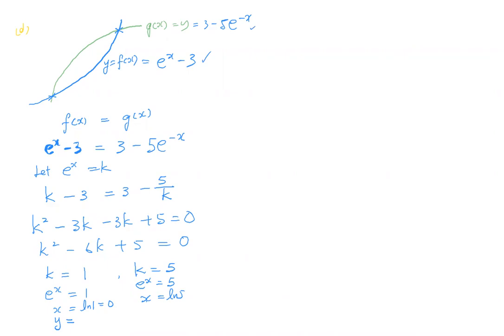So I will put in my e to the power x is 1 minus 3, so it's negative 2. Here, my y equal to 5 minus 3, which is 2. So you have 2 points. One is 0, negative 2. The other one is ln 5 and 2. Are you okay?